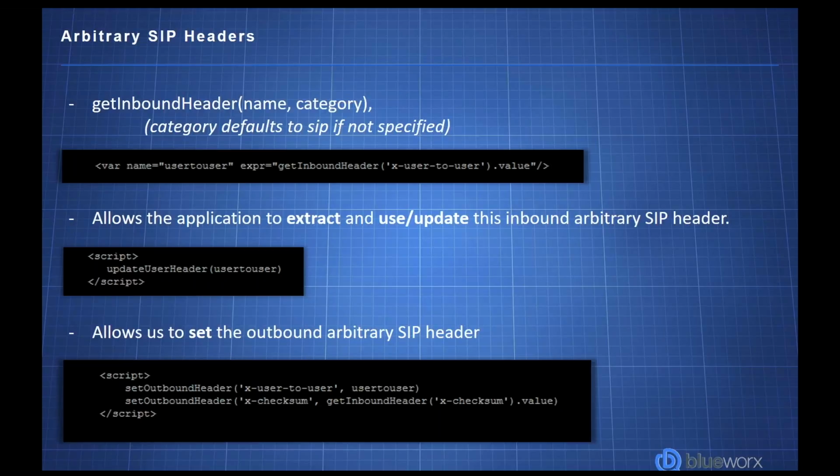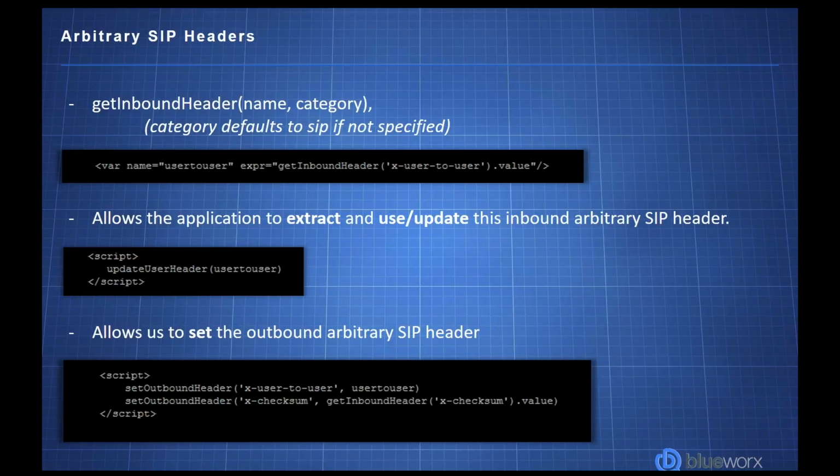So as I said, the site documentation that's been extended has given us a few extra functions to use within our application layer. The getInboundHeader function allows the application developer to extract the particular header's value. So as we saw in the previous slide, the X-User-to-User header and header value was present.